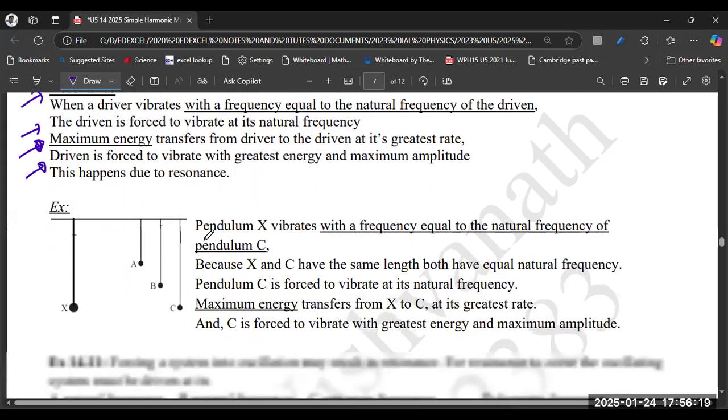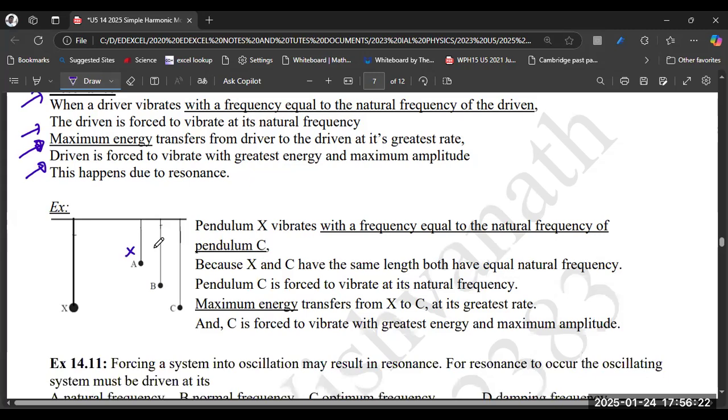Now, how do we say so? A does not have a natural frequency equal to the natural frequency of X. B is also not, because their lengths are different, so their frequencies are different. C and X have the same length, so the same natural frequency. Pendulum X vibrates with a frequency equal to the natural frequency of pendulum C, because X and C have the same length, so both have the same natural frequency.